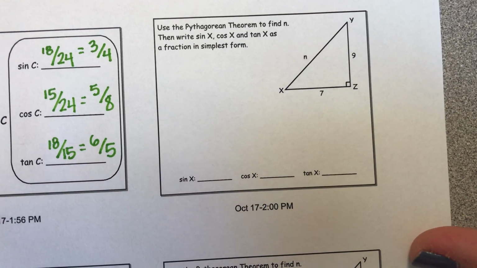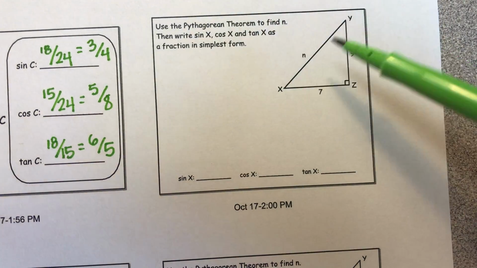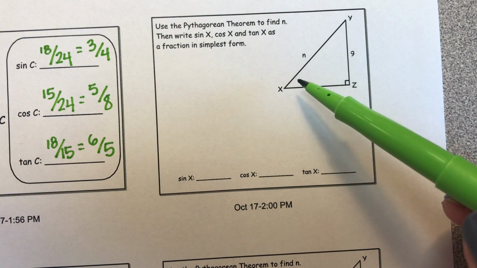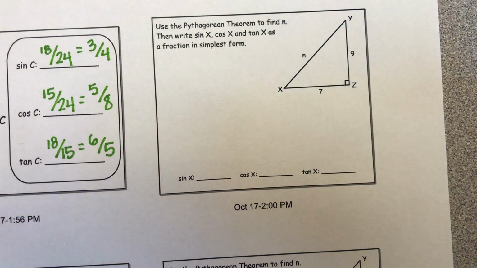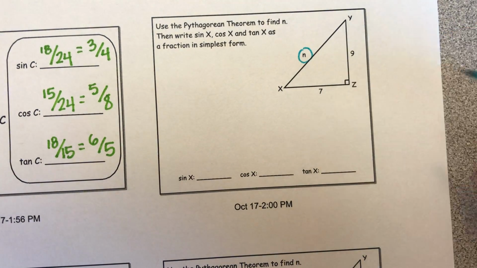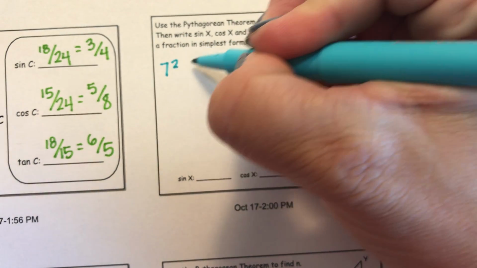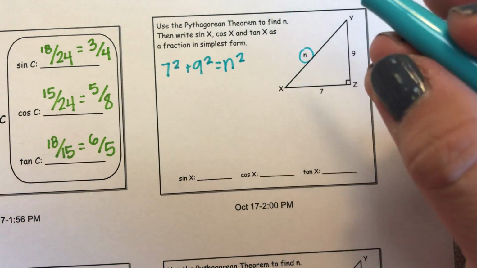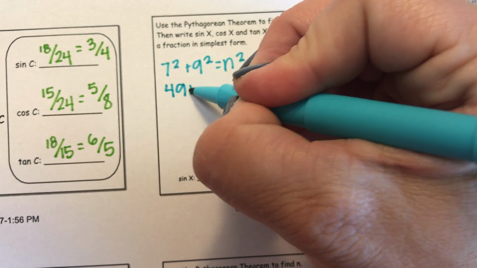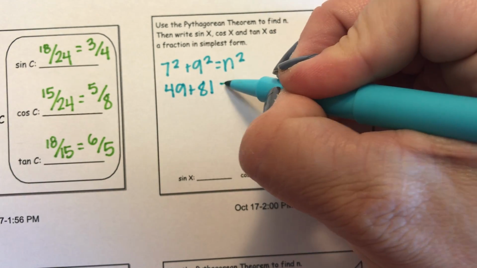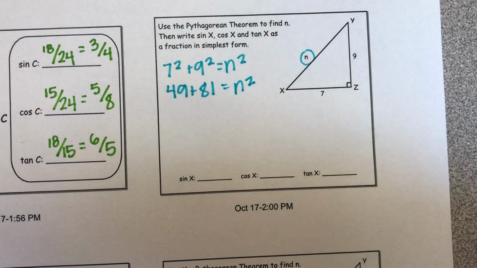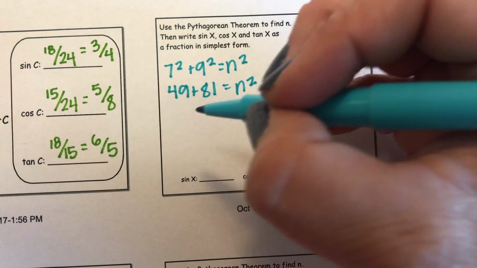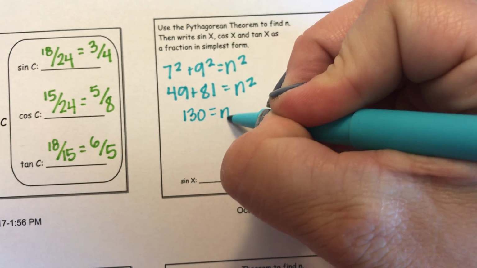Okay, on this next example, we're going to use the Pythagorean theorem to find n, our missing side. Then we're going to write the sine, cosine, and tangent of x as a fraction in simplest form. So first we need to figure out what this side would be. That's the hypotenuse, so I'm going to do 7 squared plus 9 squared equals n squared. 7 squared is 49, 9 squared is 81, and if I add those together I get 130 equals n squared.